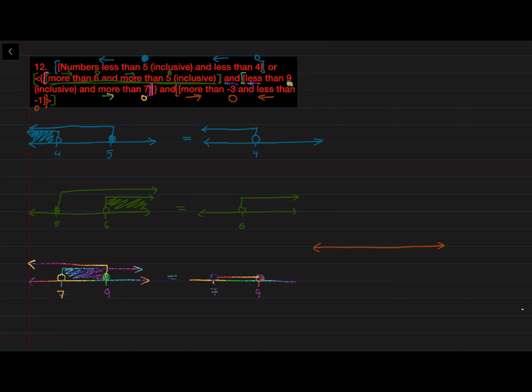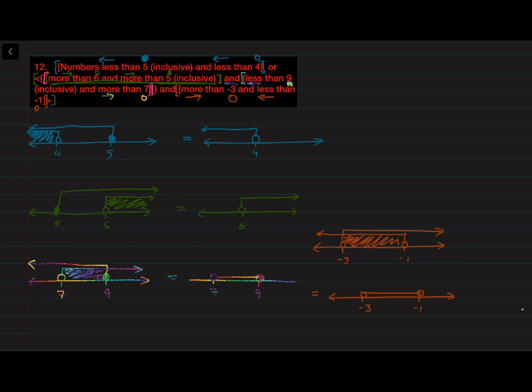We're looking for numbers that are more than -3 and that are less than -1. Again, we have the AND operator, so we're looking for this region. So for this part, we will have overall an interval that looks like this.